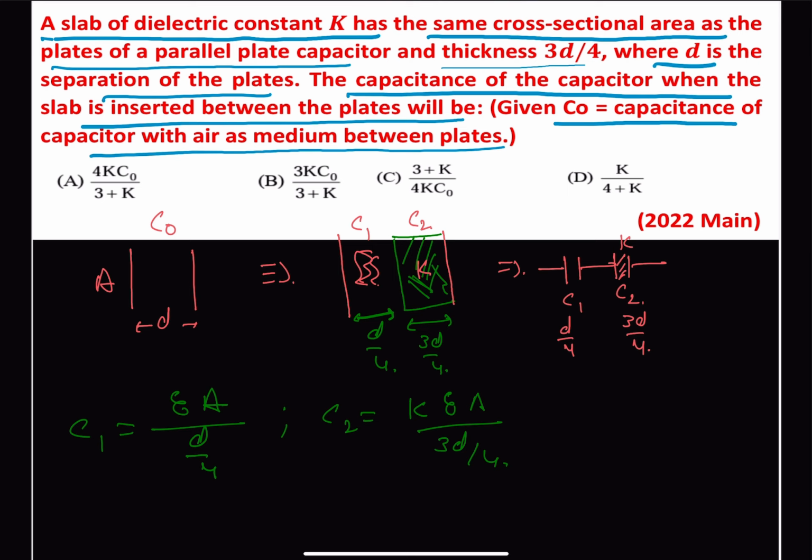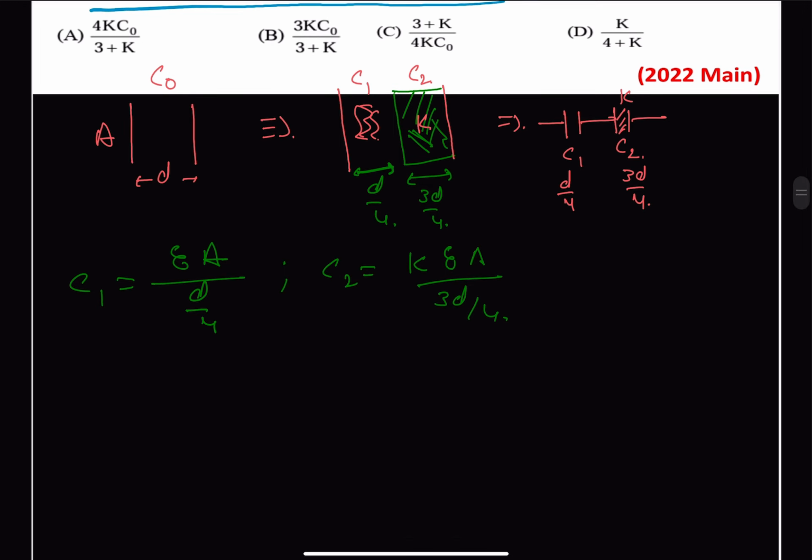Both are in series, so we can write the equivalent capacitance: 1 upon C is equal to 1 upon C1 plus 1 upon C2.